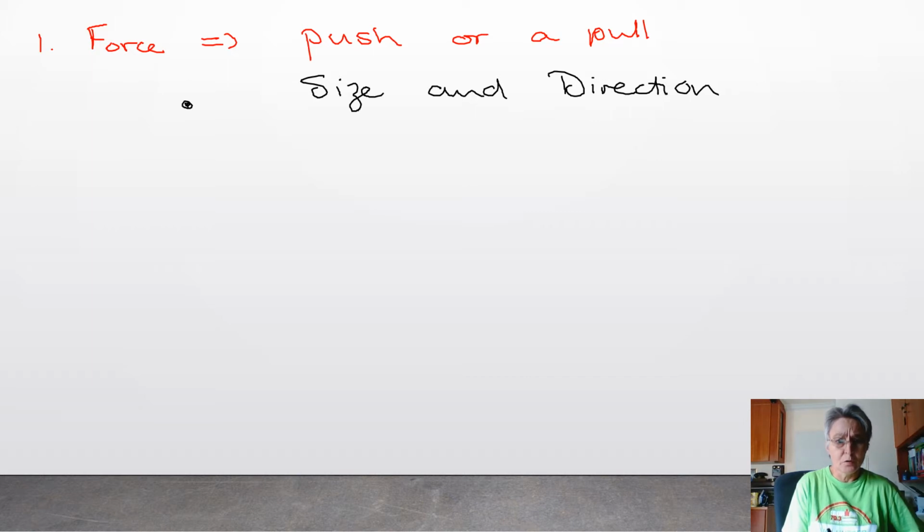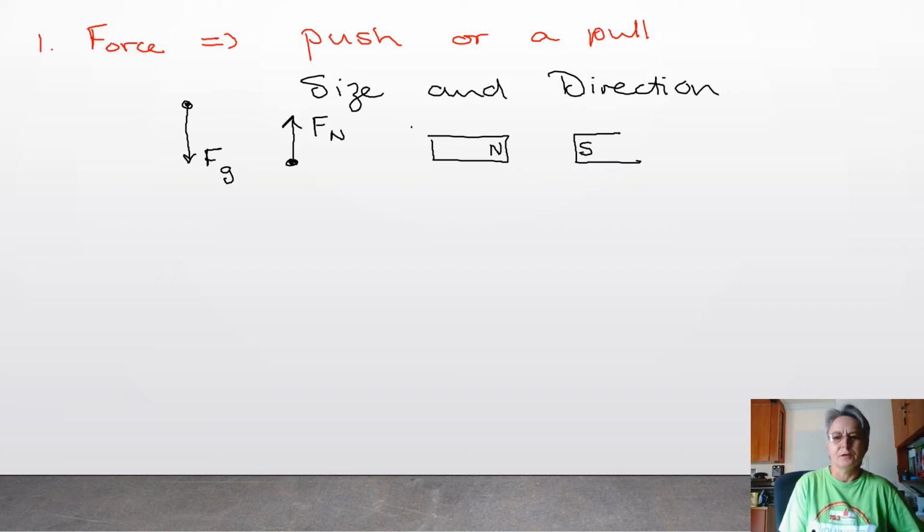Gravity is pulling you towards the center of the earth. The chair is pushing up on you, so that would be a normal force. There is a magnetic force of attraction if you have the north pole of one magnet close to the south pole of another magnet. The two magnets will be attracted, so it's a force of attraction.